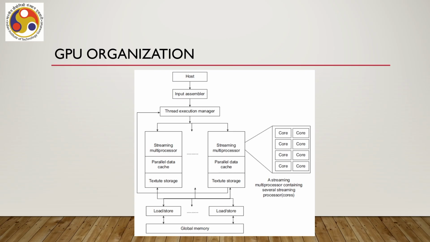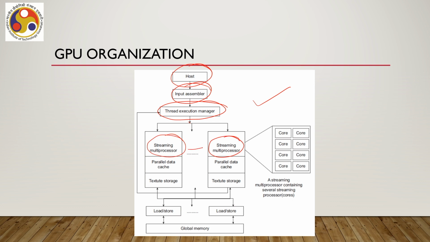So, broadly we can view a GPU as organized in this way as shown in this figure. We have the host, then input assemblers, and a thread execution manager, then this manager allocates to different streaming multiprocessors.